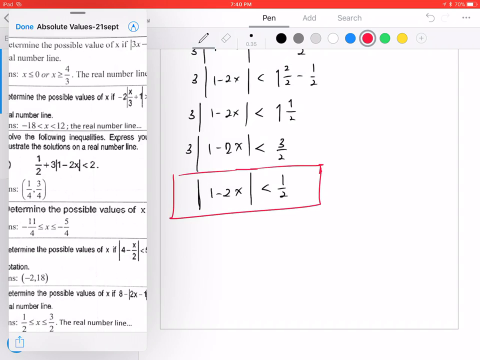Now we apply that theorem 2 part B, which is just rewriting the equation like this. The absolute value of 1 minus 2x could be less than 1/2, and it could also be bigger than negative 1/2.